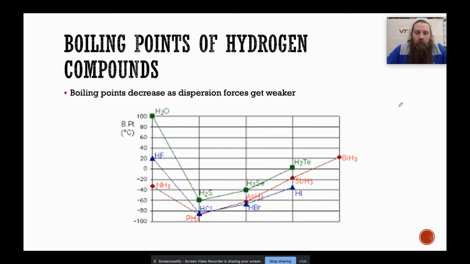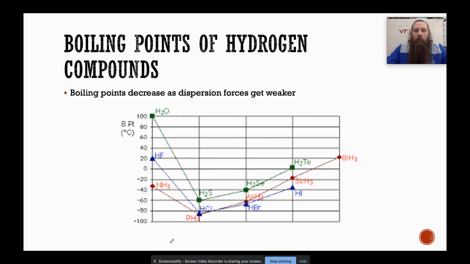So H2O, HF, and NH3 can all hydrogen bond, and we see that compared to the very next compound that the hydrogen can bond to, their boiling points are significantly higher. And in fact, were it not for hydrogen bonding, if we're following this trend, we would expect H2O to have a boiling point near negative 100 Celsius, which would mean there would be no liquid water on Earth.